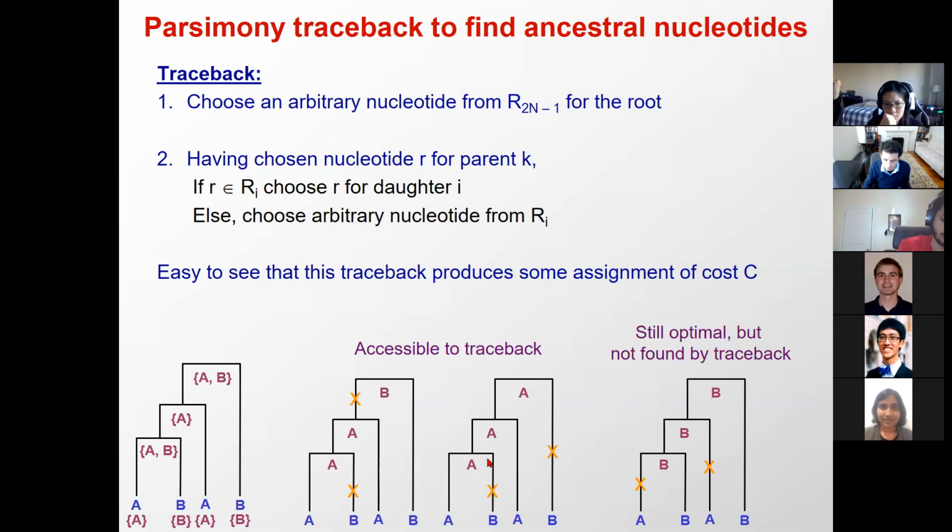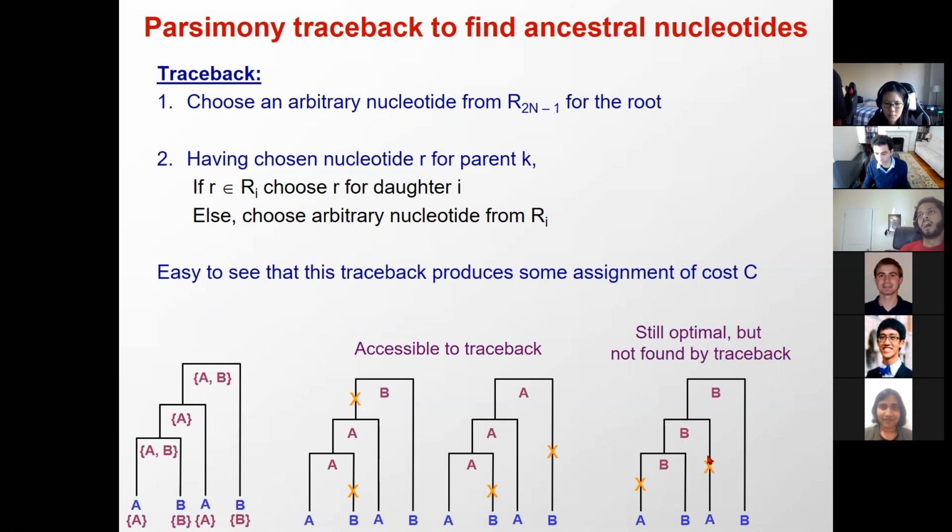It says, I will not consider anything else over here rather than just the simple intersection of A, B, and A. But if I had any knowledge that outside there's another B, then a B here would have been equally plausible, same reward, same cost. So that BBB is still optimal, but it's not found by the tracebacks.